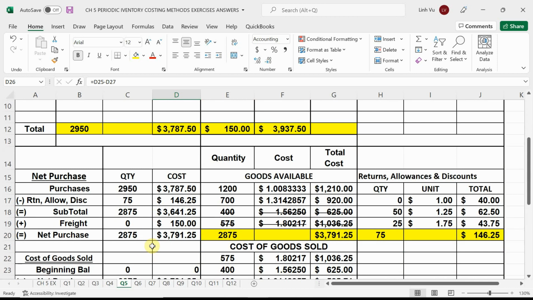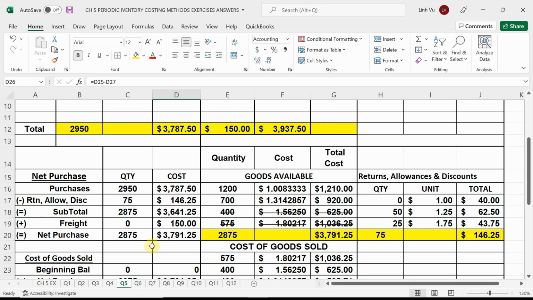Because remember, think about it. If you have inventory that carries over into the next accounting period, you need to add that to the batch of purchases that you've made before you can distribute them into your cost of goods sold, your ending inventory, and also a portion of it to your returns and allowances.